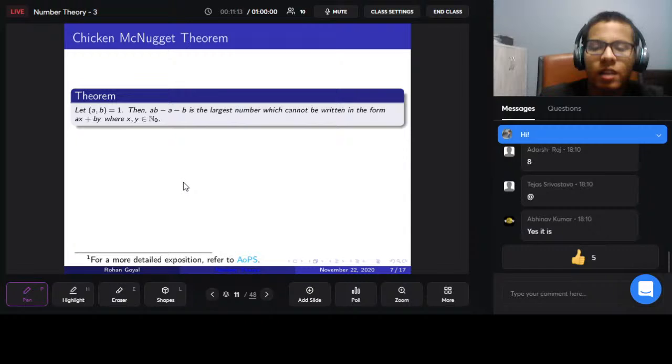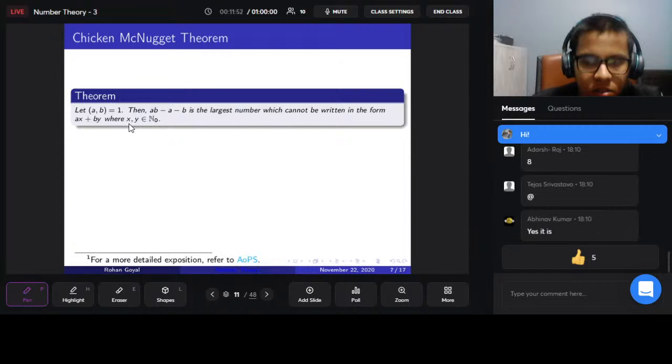Now we claim that AB minus A minus B is the largest number which cannot be written in the form AX plus BY, where X and Y are non-negative. Remember in Bezout's theorem we could write numbers as AX minus BY, where X and Y were integers. Now we have AX plus BY, where X and Y are in the set of naturals plus 0.